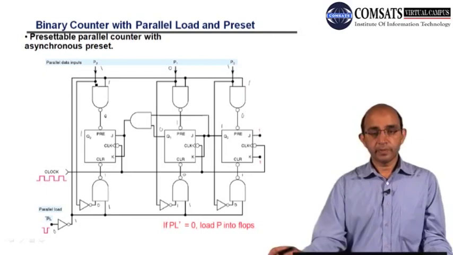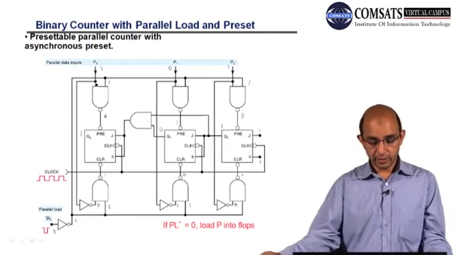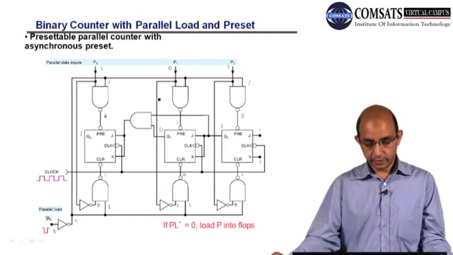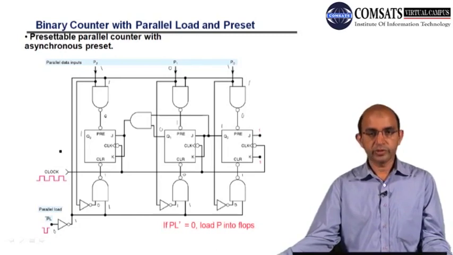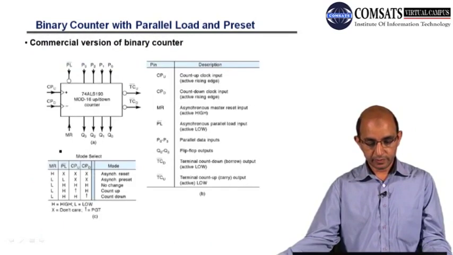That data has been loaded now. After the loading, if we want to start the counting, we can start the counting. This is almost a similar example, but here we have more control after the introduction of preset and clear.